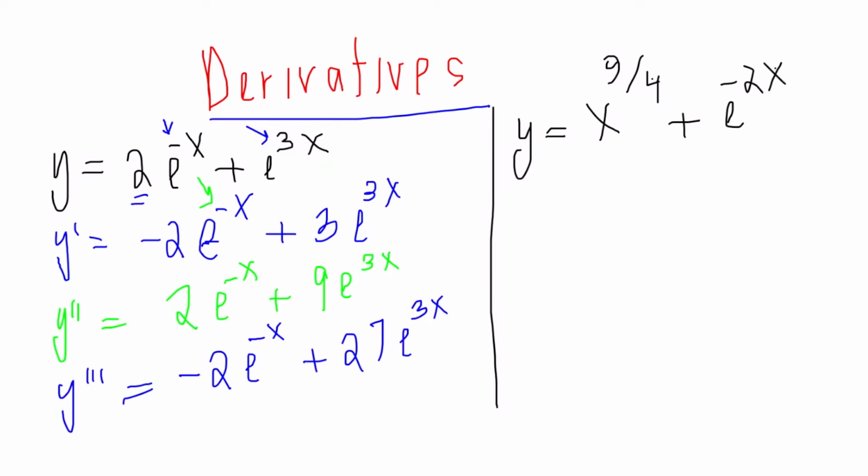Now to find its first derivative, this first term we already know from the power rule. We are going to bring the power down, so it becomes 9 over 4 x, and then we subtract 1 from the power. That will give us 5 over 4.